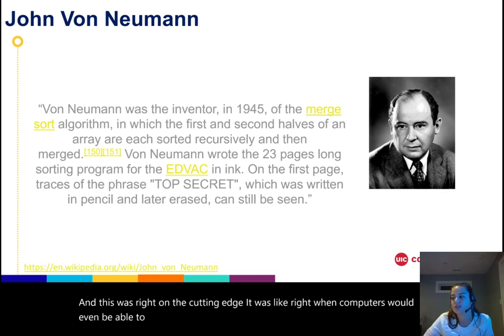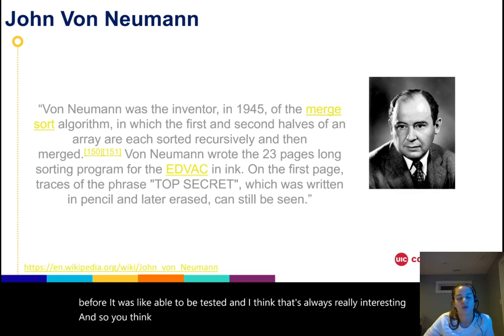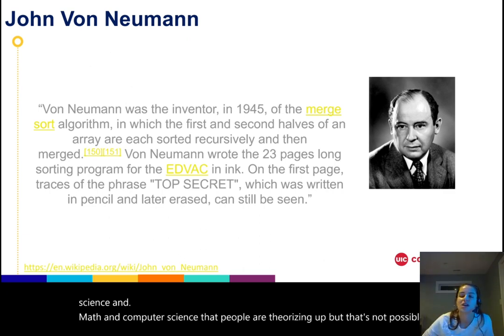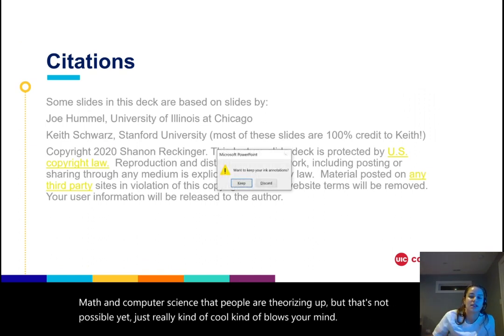But a lot in computer science was theorized before it was able to be tested. And I think that's always really interesting. And so you think about everything that's going on right now in science and math and computer science, that people are theorizing of, but that's not possible yet. It's just really kind of cool. Kind of blows your mind. So that is it for merge sort.